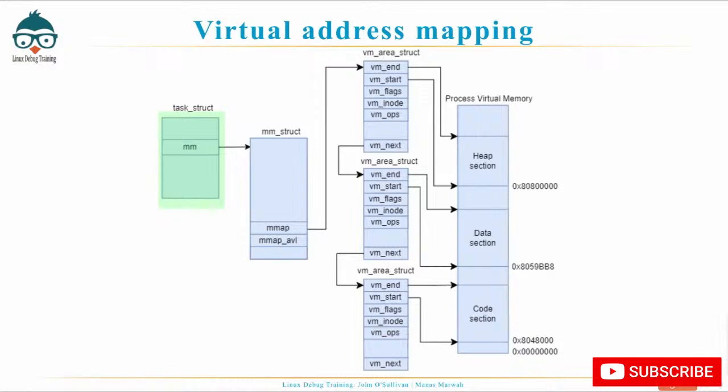Task_struct represents the overall state of a process, while mm_struct is responsible for managing the process's memory, including its virtual address space. This relationship is shown in the diagram.